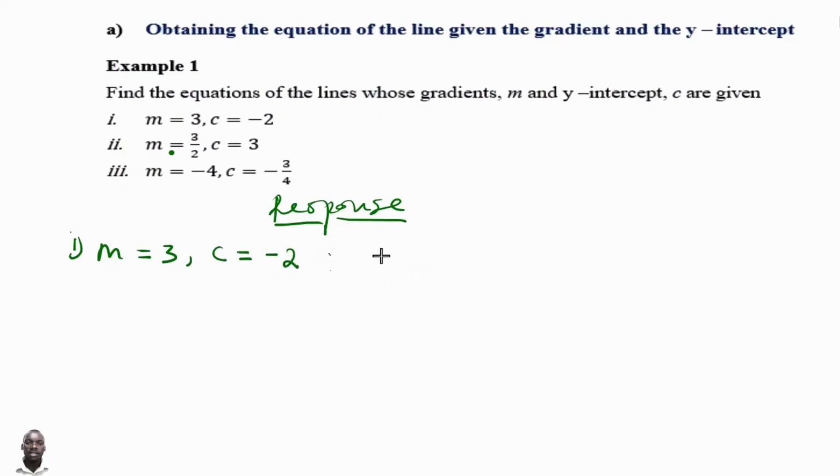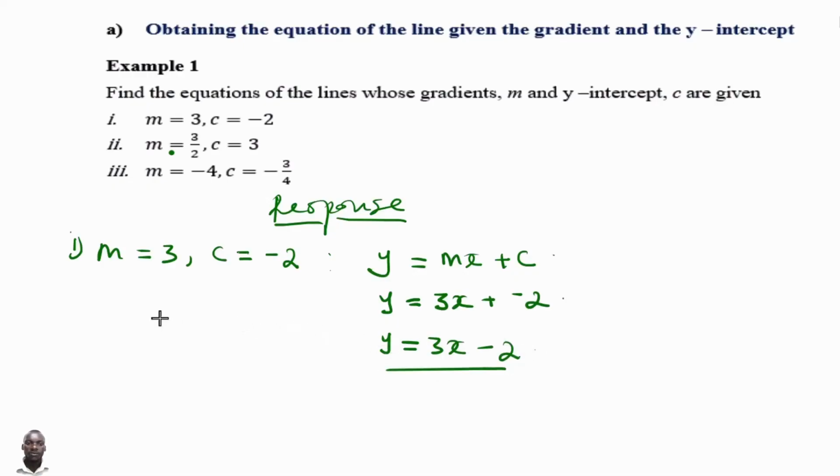The general form of our equation is y equals mx plus c, so we substitute in. We have y equals 3 multiplied by x, plus -2, the same as y equals 3x minus 2. So this becomes our equation for Roman numeral 1.